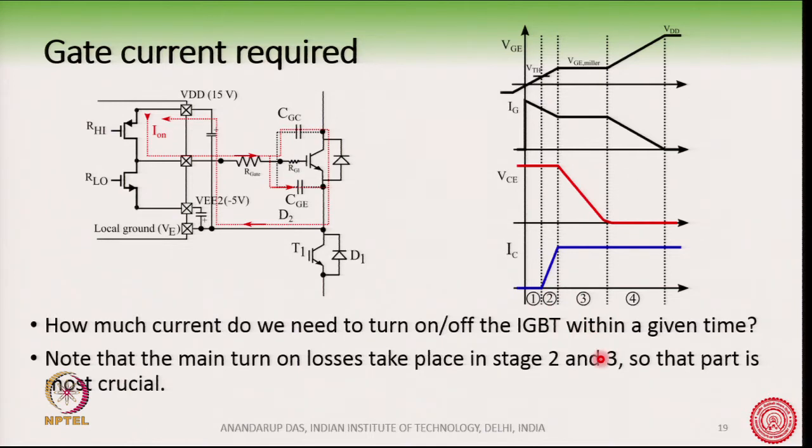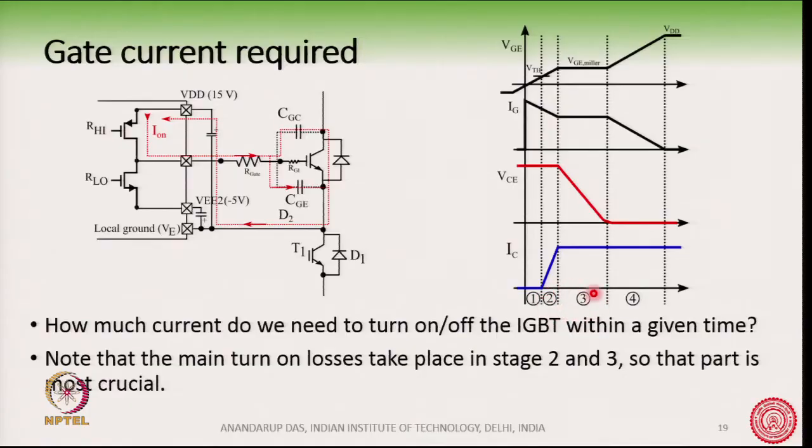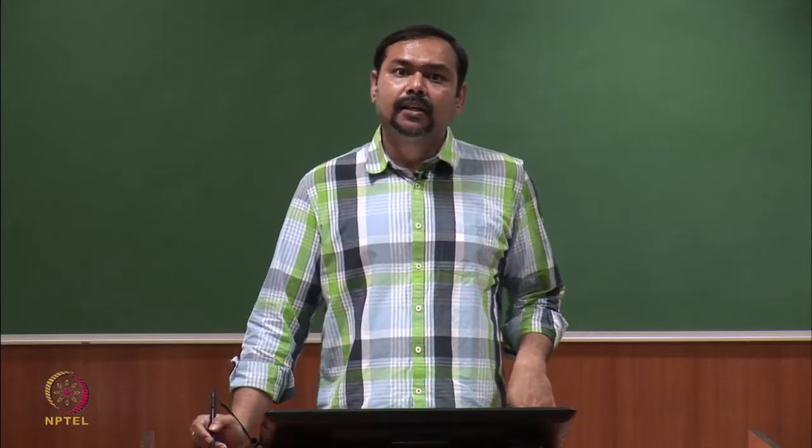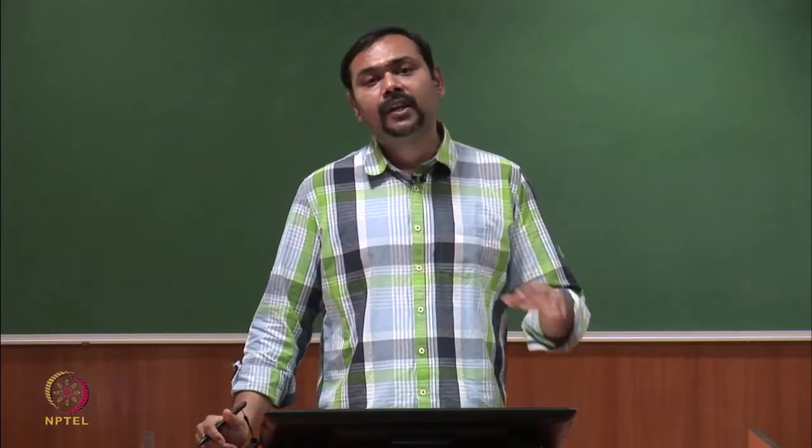So, if we can reduce these times, it is advantageous in reducing our turn on switching loss. Unfortunately, stage 2 and 3 cannot be reduced too much, because it will have other consequences. So, we will always have a design compromise. What are the other consequences? We will talk about it.